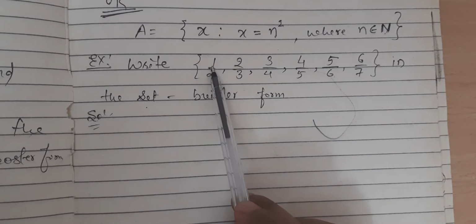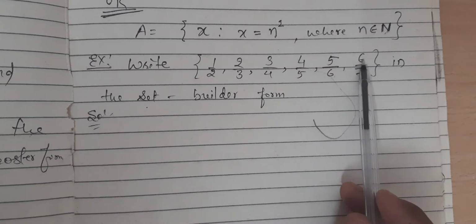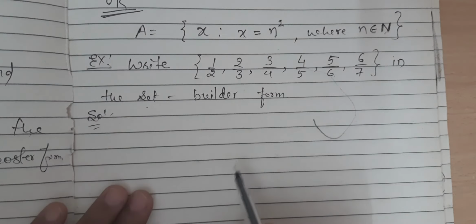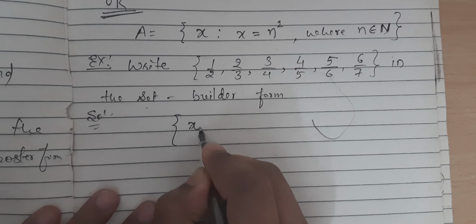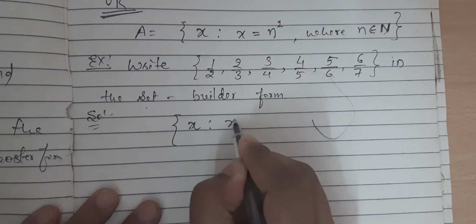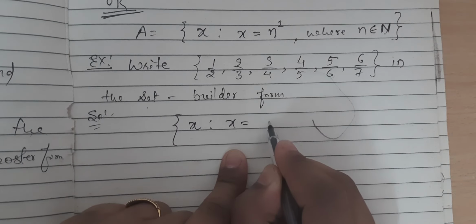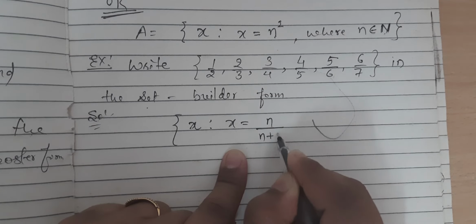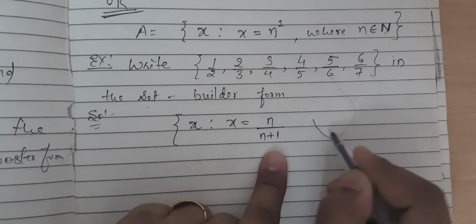The number starts from 1, meaning greater than or equal to 1, and less than or equal to 6. So in general form we can write the set of all x such that x is in this form: n as the numerator, and the denominator is 1 more than the numerator, so n plus 1. And we need to mention what this n is.